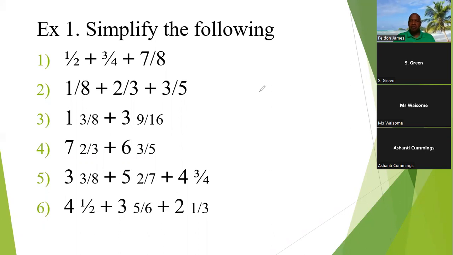So in order to add fractions, their denominators are not the same. Now, if the denominators are not the same, what do we need to do in order to add them? Ms. Cummings?